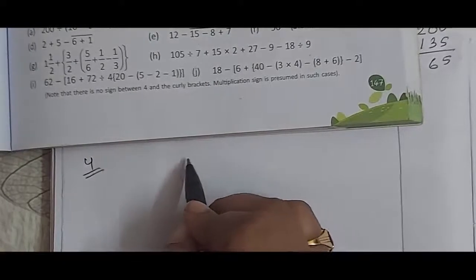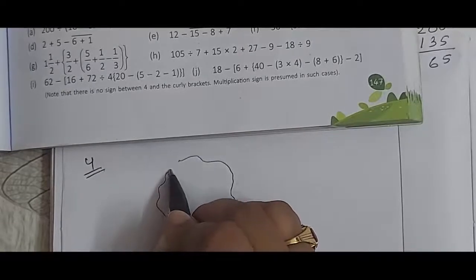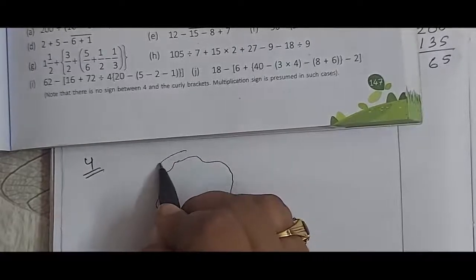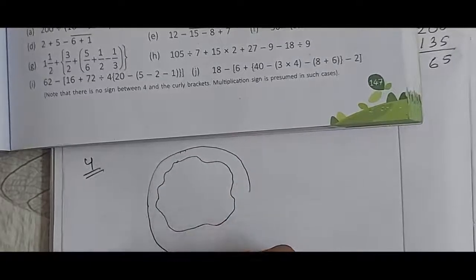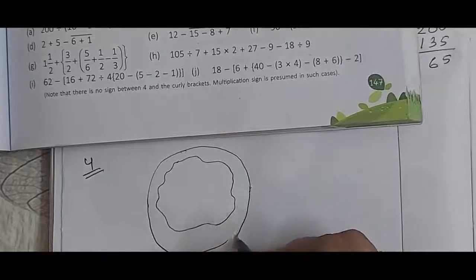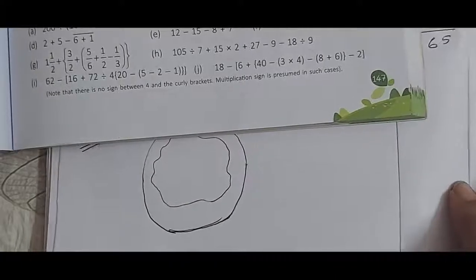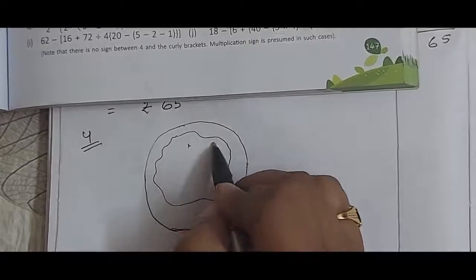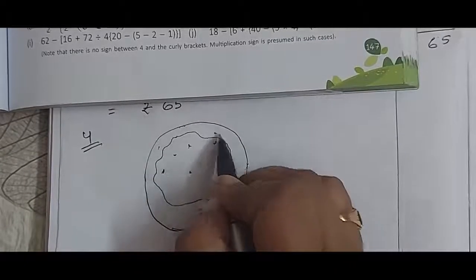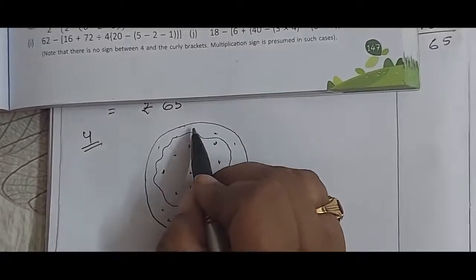Like here, suppose this is a round pizza, and here you have got all the toppings, designs, whatever. Now it is having how many spokes total? It is having 12 spokes.